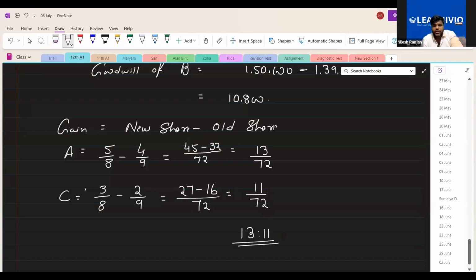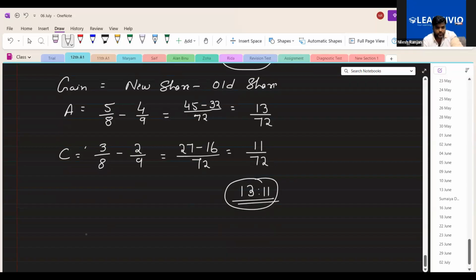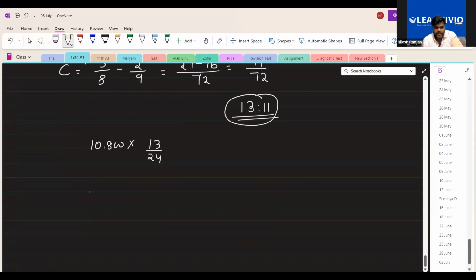Now in this question, the share of the retiring partner is given. That's why we have to use the gaining ratio, not this. The total amount is not given. So the amount is 10,800 into 13/24 and 10,800 into 11/24.